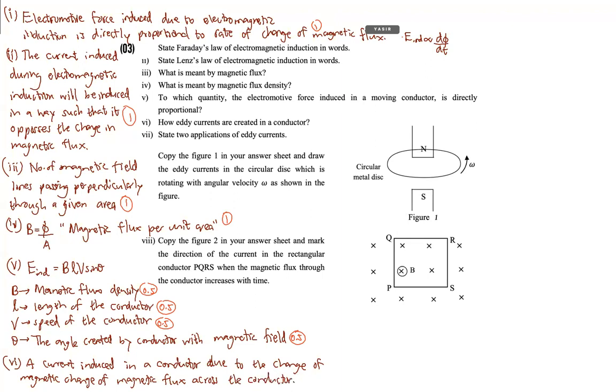The specialty about eddy current is it's always formed in small loops. I will explain how eddy current is formed with this example.